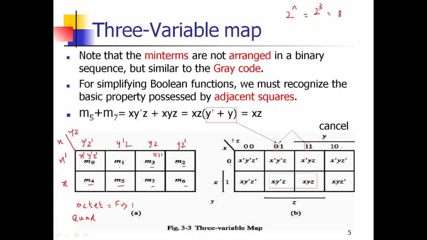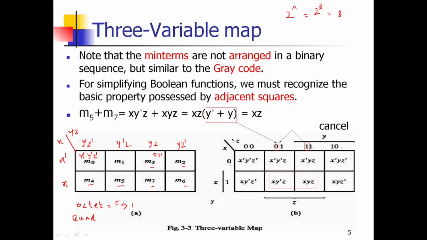In folding the row, x plus x dash becomes 1, and when folding the column, here we have z dash, here is z. So z dash plus z becomes 1, and the remaining variable is y dash. So the term we are going to obtain is y dash only.